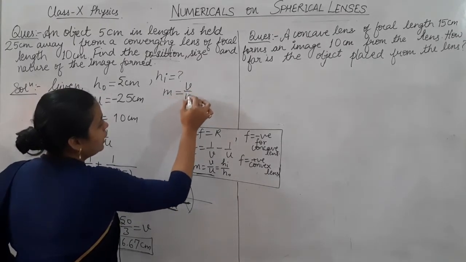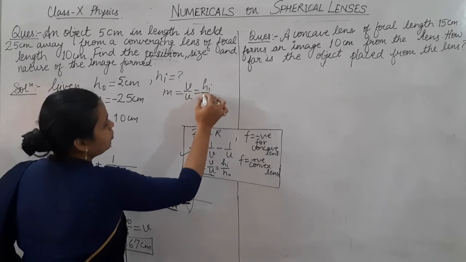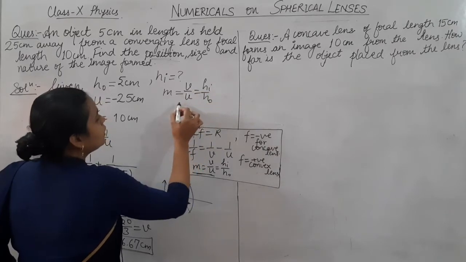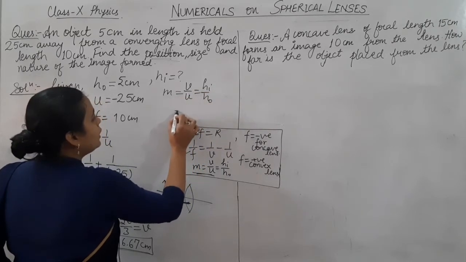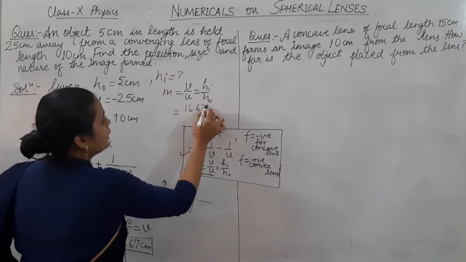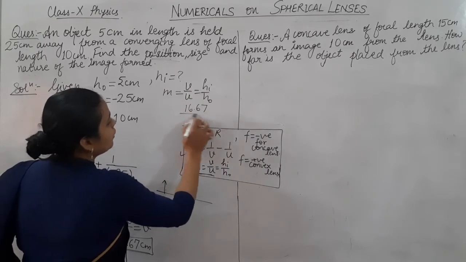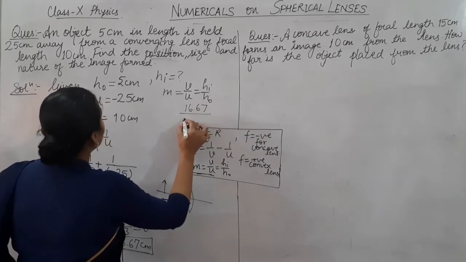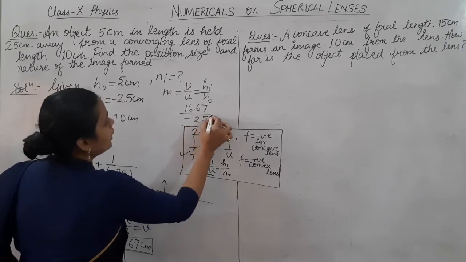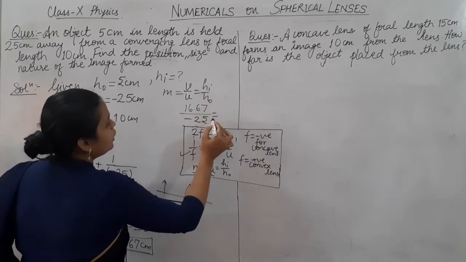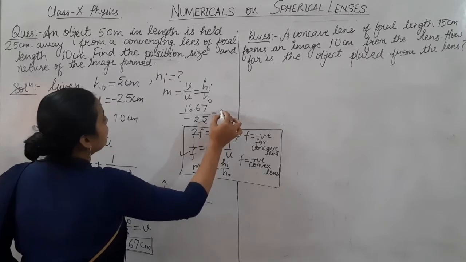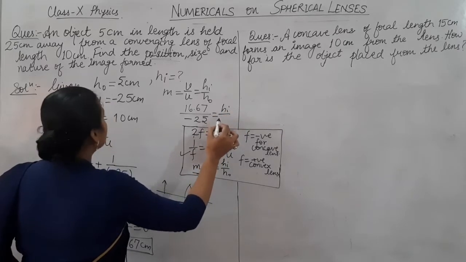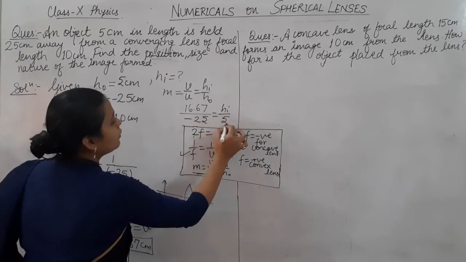We have this relation HI upon HO. Just put the value of v. v will be 16.67, u will be, with the sign convention, minus 25. HI we have to find out, and HO is given here as 5.